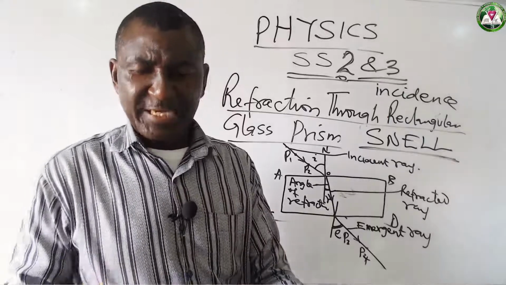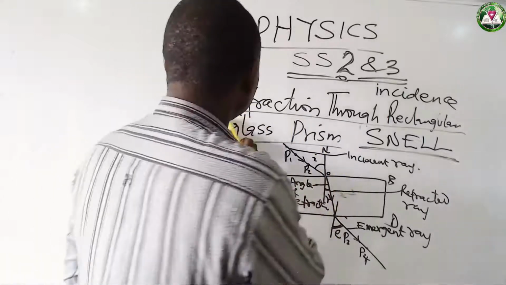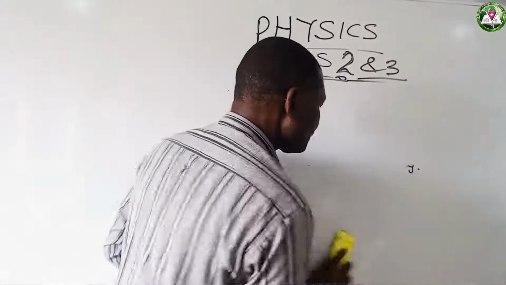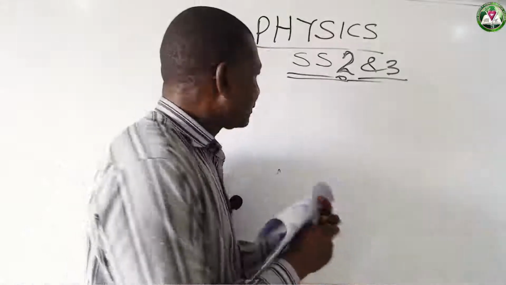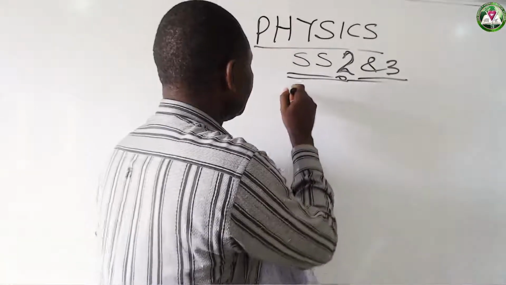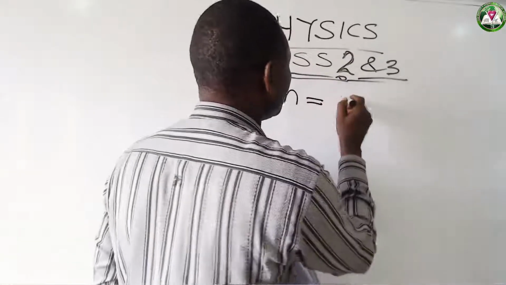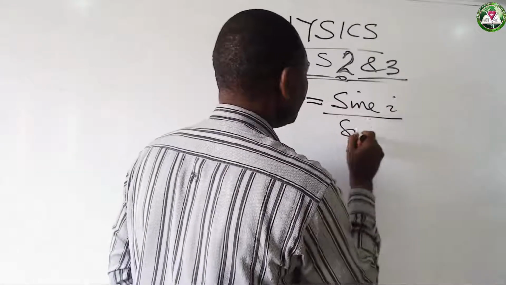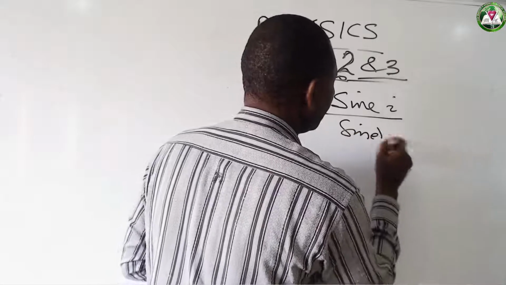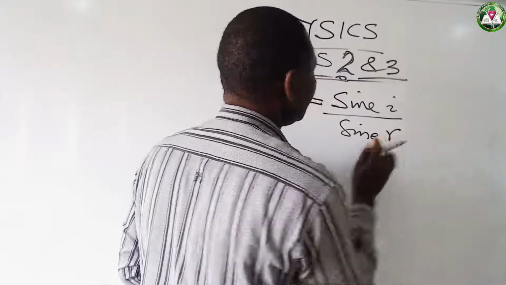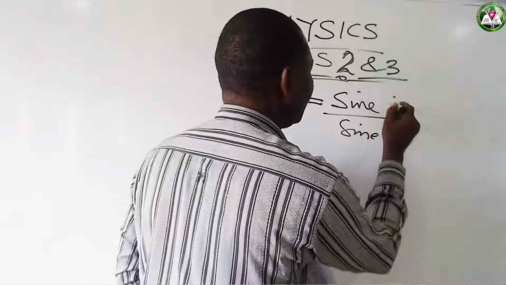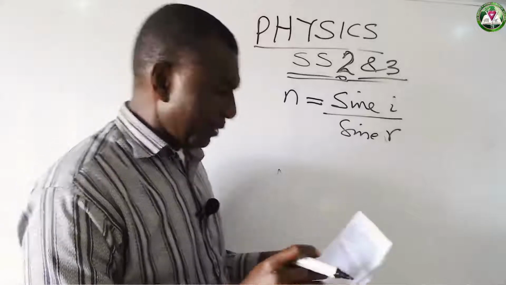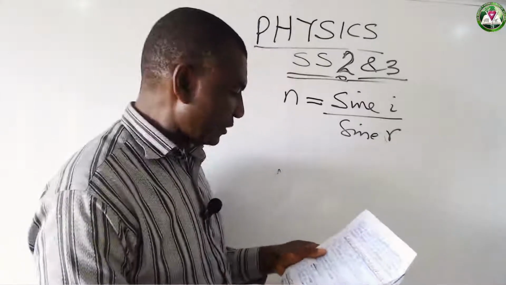He represented this law mathematically, stating that the constant n is equal to sine i over sine r. So the ratio of the sine of the angle of incidence to the sine of the angle of refraction is a constant.